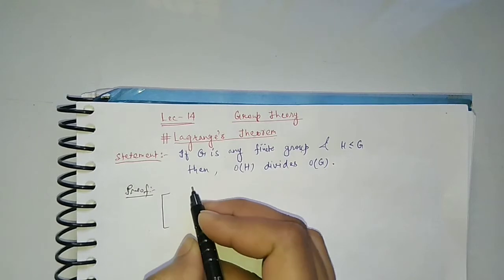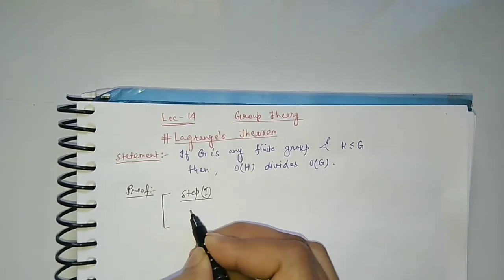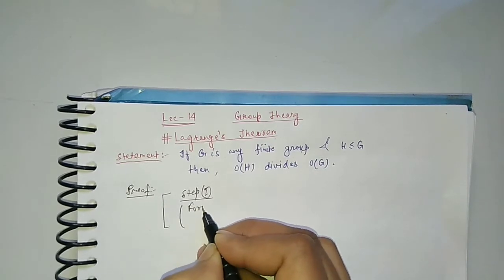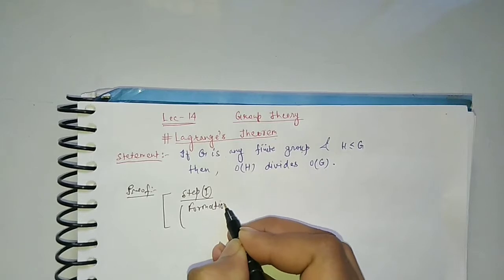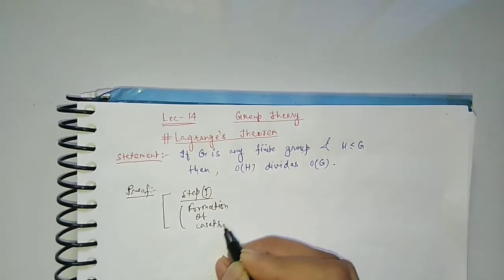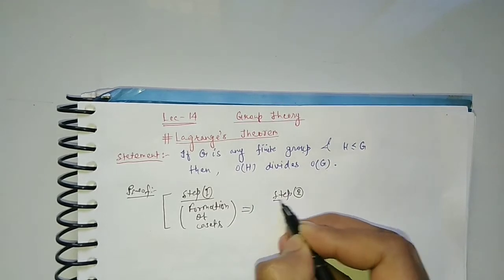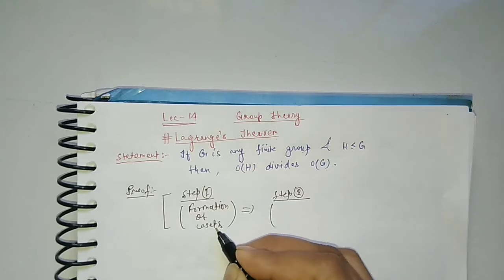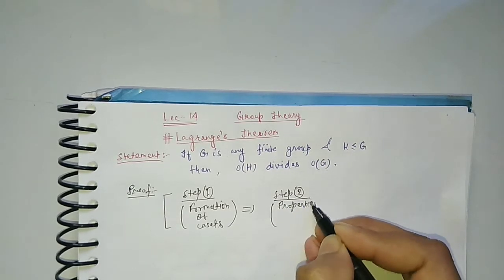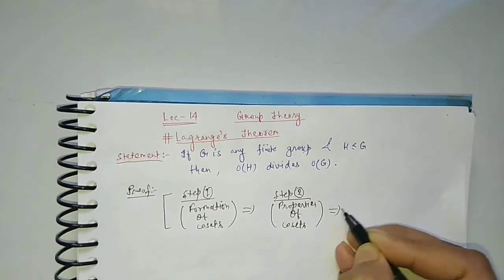We will prove this theorem in 3 steps. In the first step, we will see the formation of cosets, that is, we will see how a coset forms. In the second step, we will see some properties of cosets.